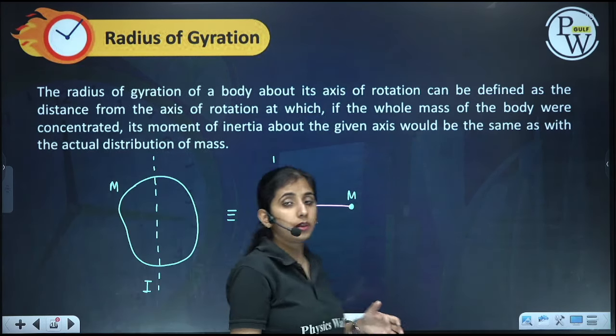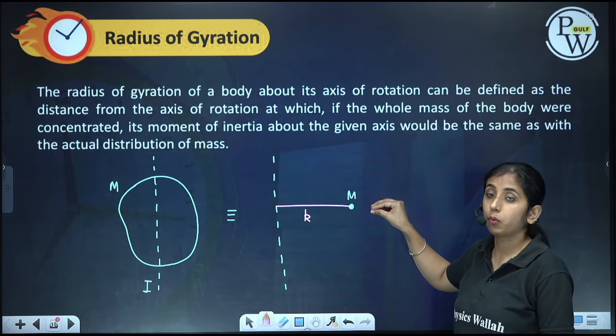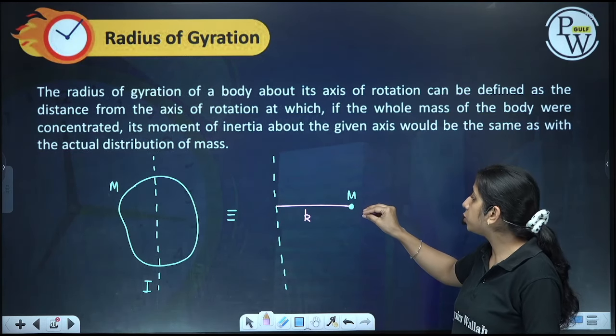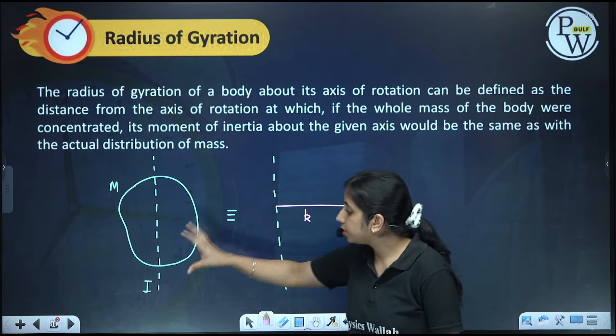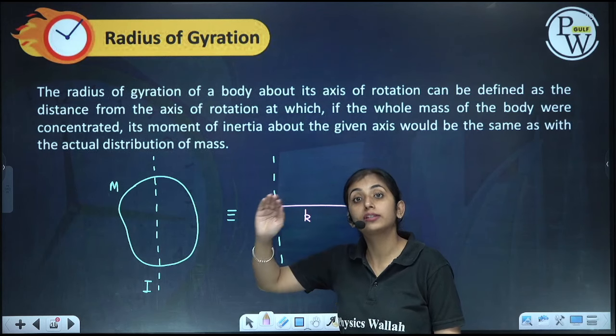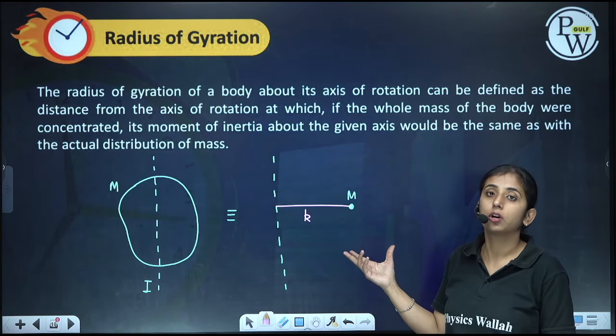If the whole mass of the rigid body is concentrated at a point, where should we place this point mass so that its moment of inertia is the same as that calculated over the whole distribution of the rigid body?